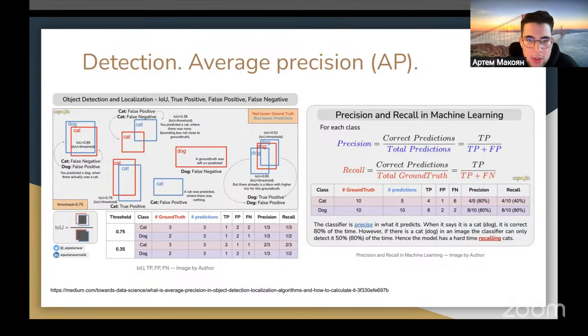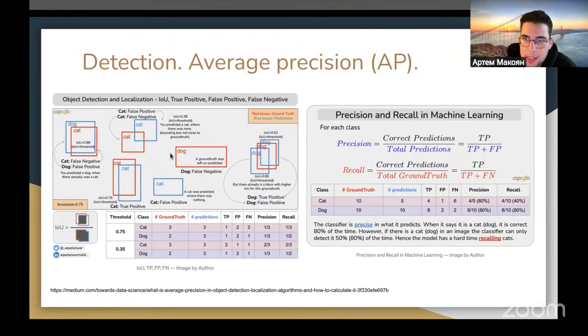So when we check true positive, false negative, they depend on which class is 0 and which class is 1. So what should we do? We can say, let's assume that cat is class 1 and dog is class 0, and count precision recall, then count average precision. And do the same with dog, but say that dog is class 1 now and cat is class 0. But now the values will be different. You can see that for cat we have these values, and for dog we have these values. So the average precision will also be different.